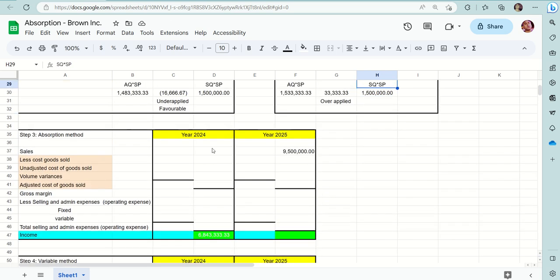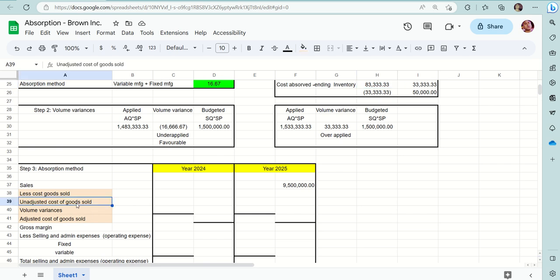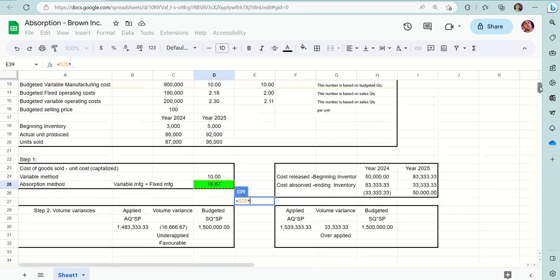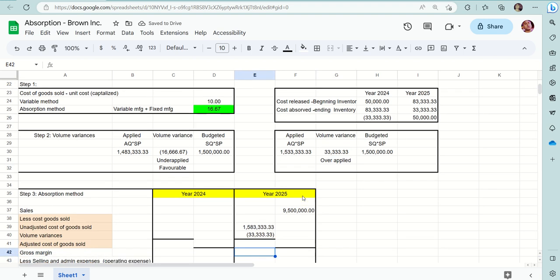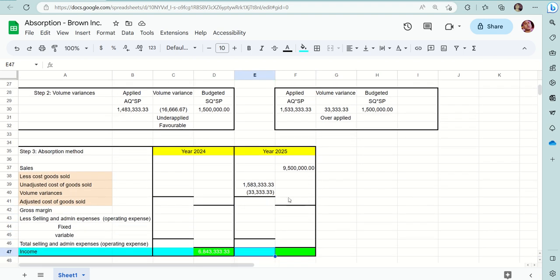So now we're working on the cost of goods sold right there. The unadjusted cost of goods sold is 16.67 multiplied by our number, 95,000. That's the units we sold. The volume variances, we over applied, therefore we are going to subtract this. And the row below, right there, we're going to sum this up with the reverse polarity. But let's sum it up first.